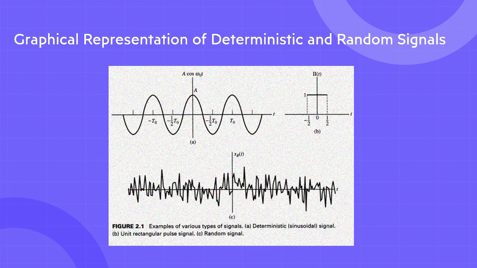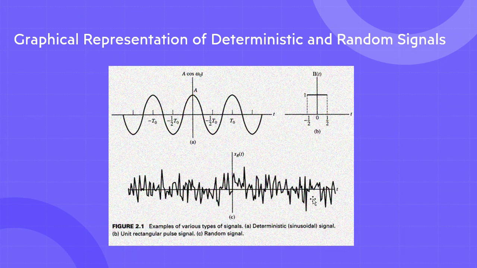Too many complexities will be there, right? So we will not be able to represent it with the help of any mathematical formula, which means the signal C falls into the category of random signals. It is a random signal.